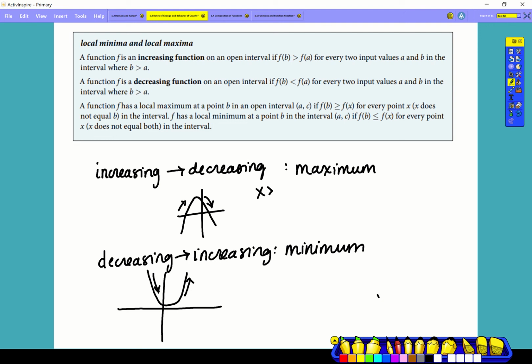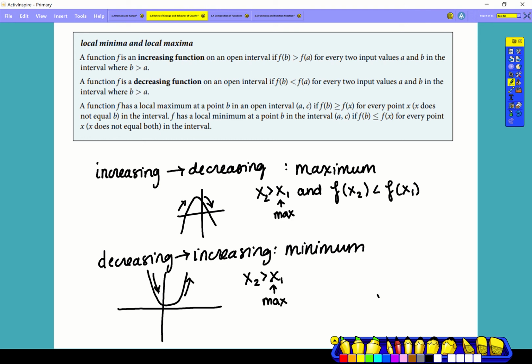If x2 is greater than x1, then f of x2, if you choose a next point over, x2 being the max, will be less than f of x1. And x2 is going to be greater than x1, so that's our max.